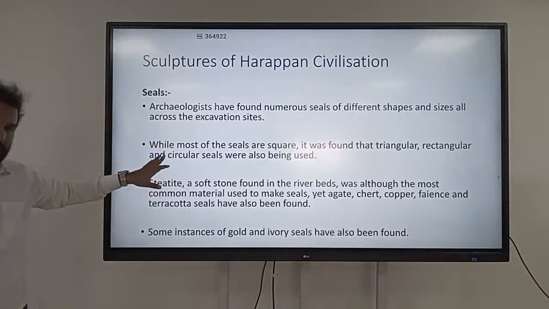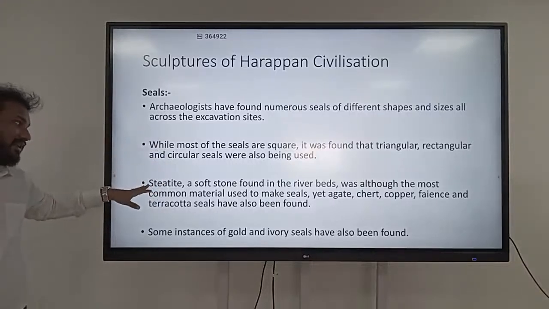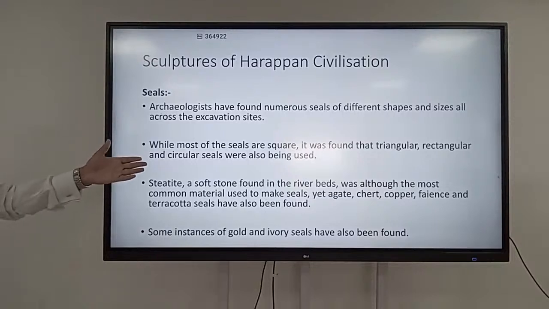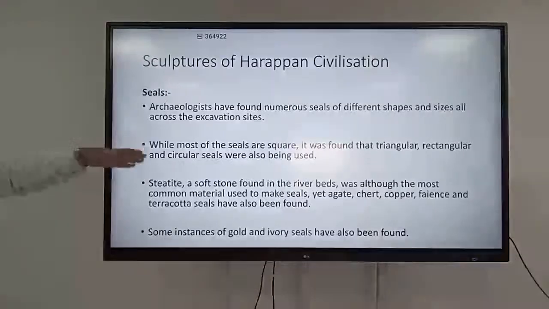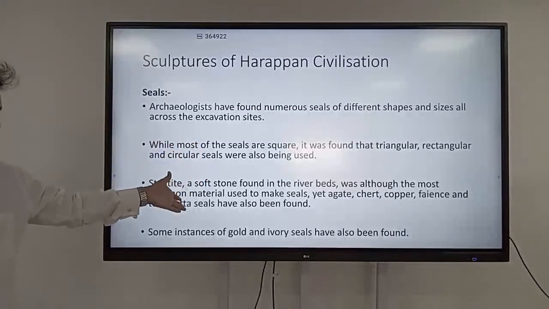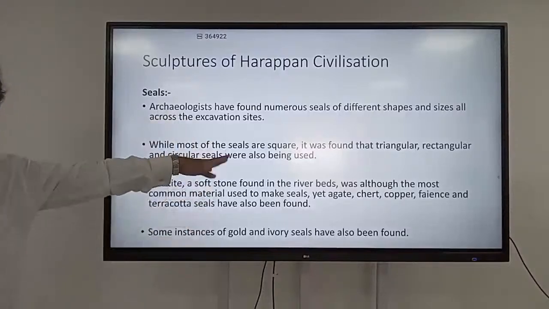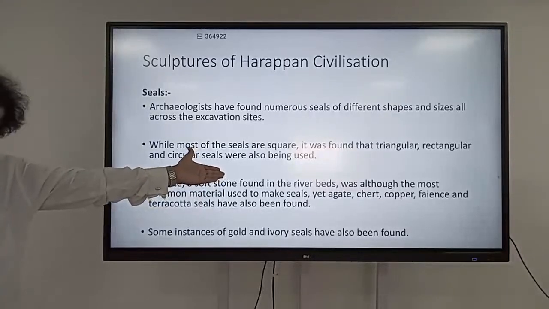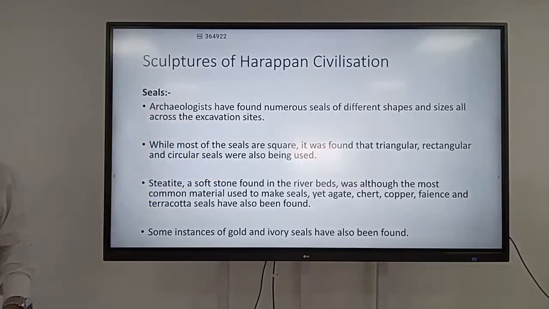Apart from stone, seals were also made of other metals, like copper and gold. Ivory is also there, and other stones like agate were also found. But remember, iron was not found in IBC. This is a very important point.